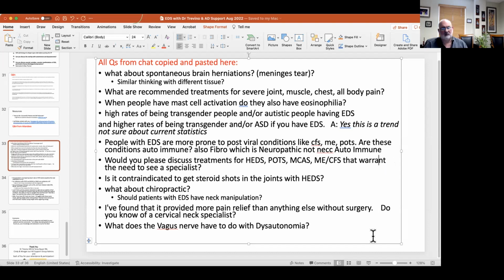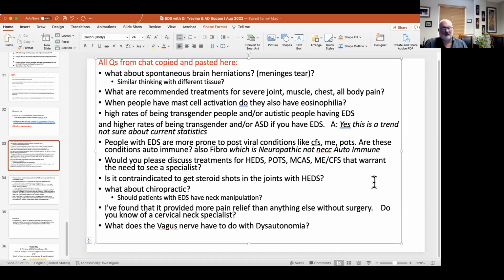POTS, the actual orthostatic tachycardia, needs to be treated by somebody who understands all the medications that we use. MCAS needs to be referred to a mast cell specialist if you have alpha tryptasemia, if you think there's mastocytosis, there's genetic testing that needs to be done for MCAS as well.